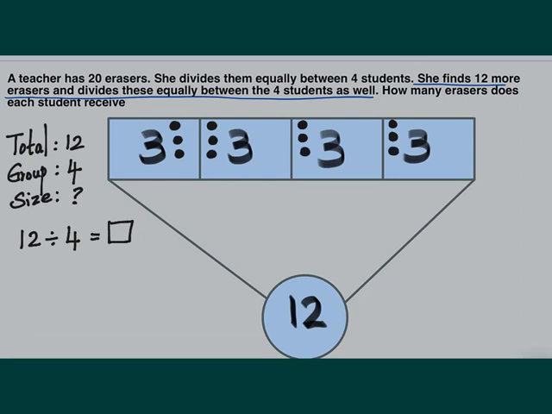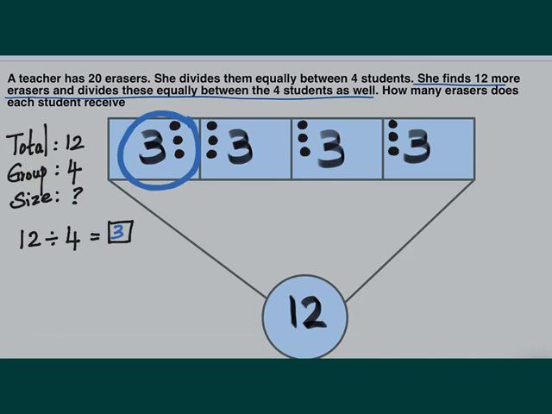So when I divided 12 into 4 groups, I got 3 in each group. That is, the size of each group is 3. So each student got 3 erasers.